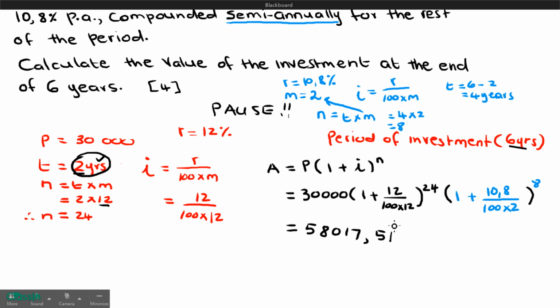So this is the amount of money that Opelong will get after 6 years.